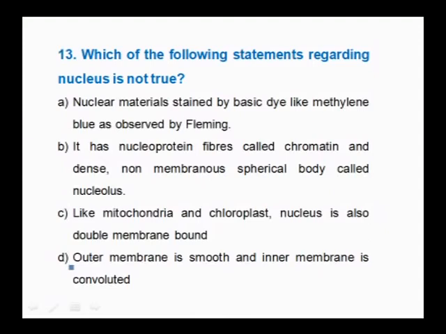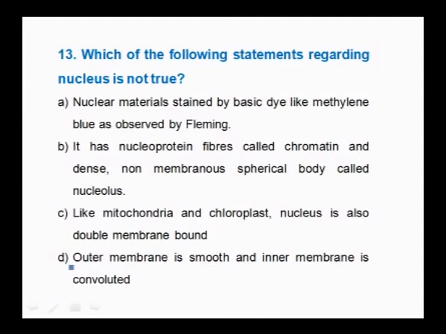So first option indicates that a scientist Fleming made use of a dye called methylene blue to color the nucleus, and nucleus contains the DNA, therefore it is acidic and it is rightly stained by a basic dye. So option A is correct. Option B is reading like this: nucleoprotein fibers called chromatin is present, that is DNA, and the membrane-less structure is nucleolus. Option C is right because all these 3 organelles including nucleus are double membrane bound.